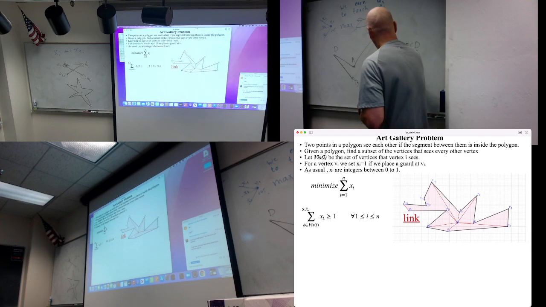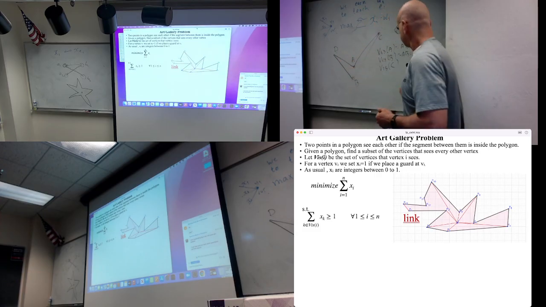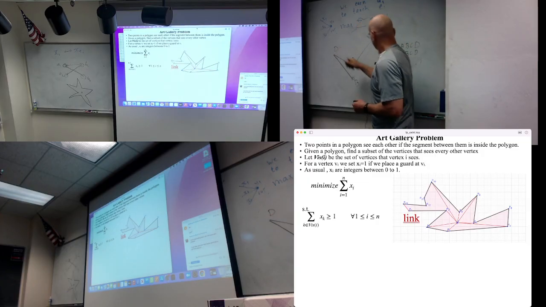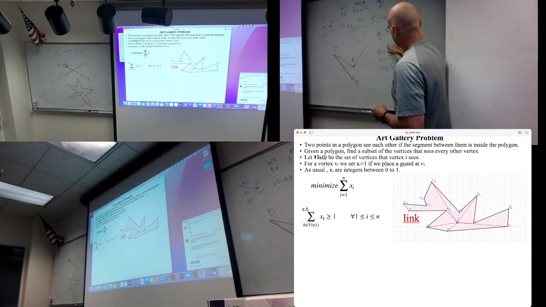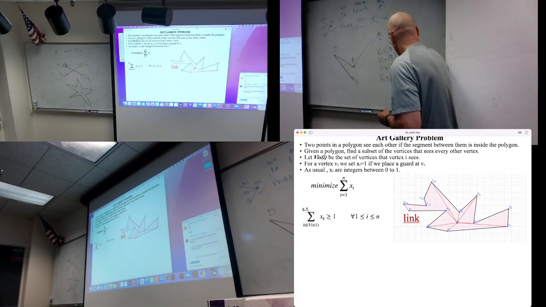Visibility of C is C itself, and A and B, and visibility of D is A, B, and D.